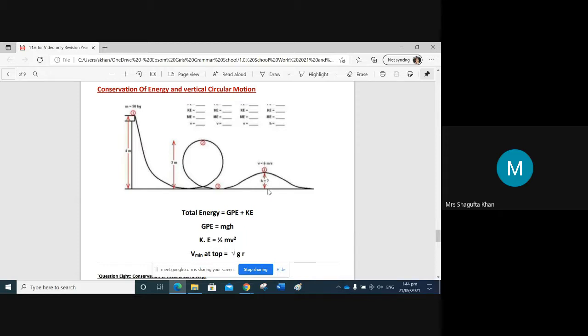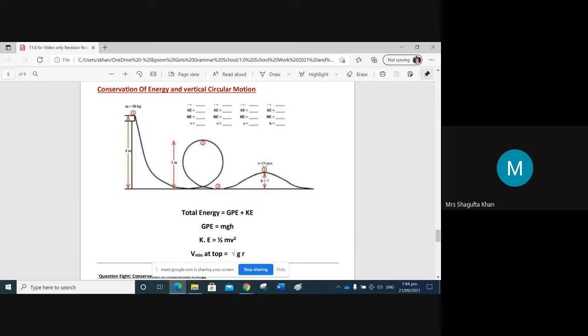So gravity force will be acting downwards. Support force from this path will be acting upwards. Now, the unbalanced force or centripetal force will be downwards. That means gravity force will be greater than the support force, or in other words, support force at this position is smaller than the gravity force.